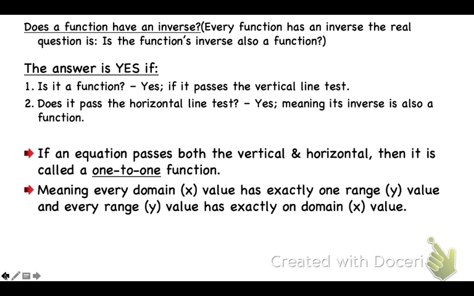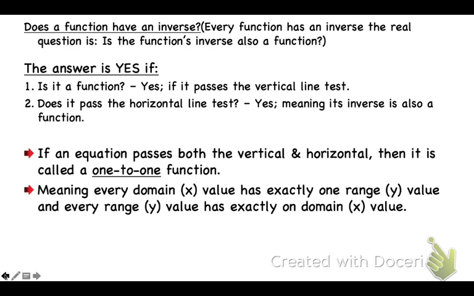So if it is 1-to-1, that means its inverse is also a what? Function. When somebody writes f of x on a piece of paper, you should automatically know it is going to pass the vertical line test. If it says it is a 1-to-1 function, that means it has to pass what?